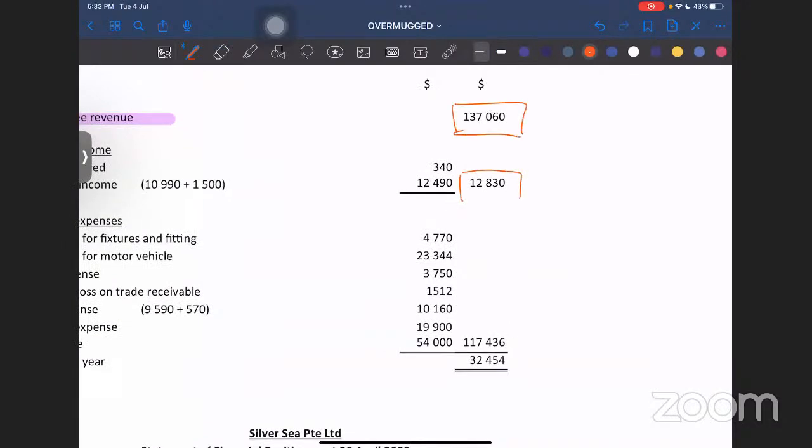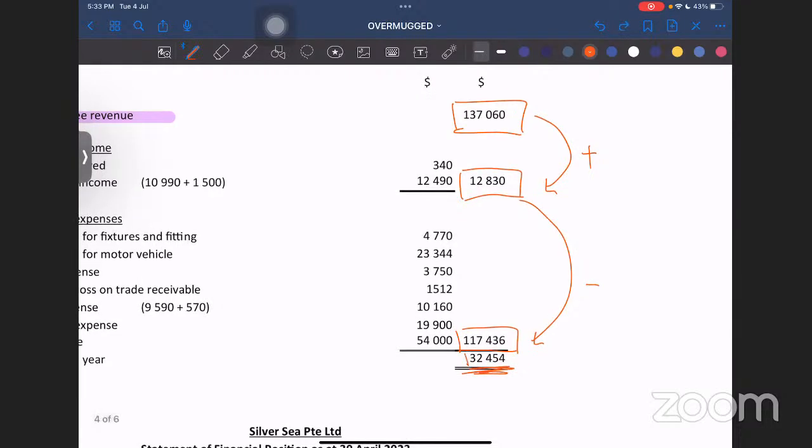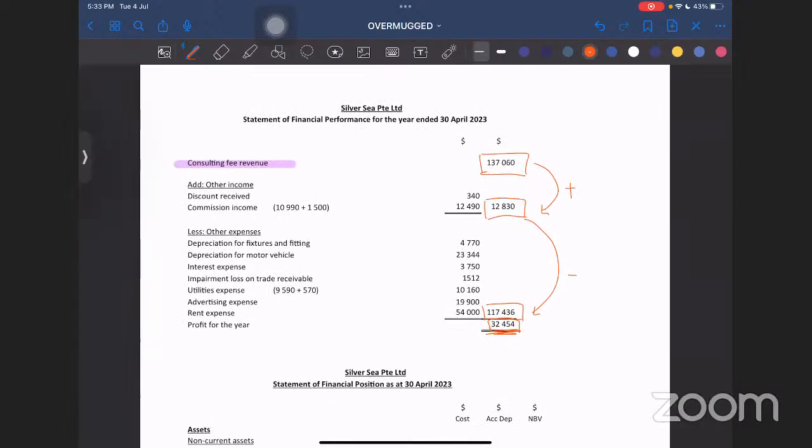This plus this minus this, I will find my profit. Okay, so straightforward. I don't think this is very complicated. The only thing that changed is just the first part here. You just change everything to just one line.